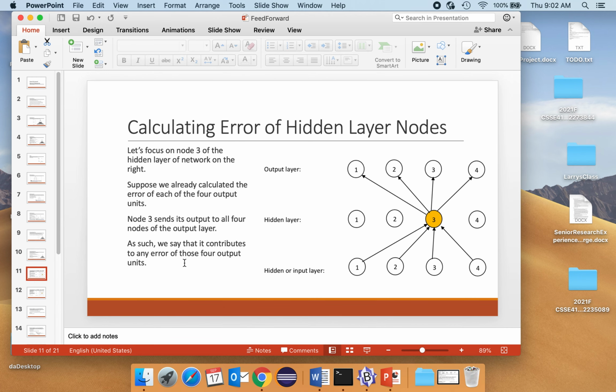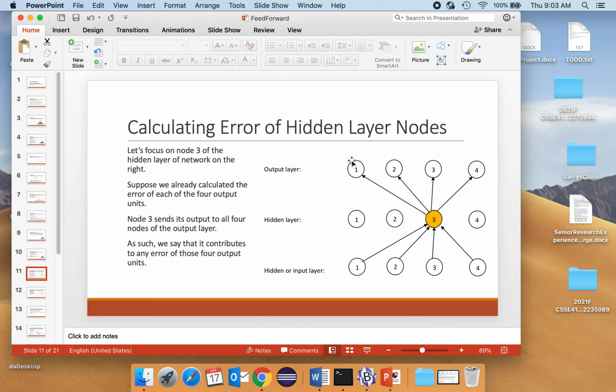So let's have a look at a neural network. We have the output layer, we have a hidden layer, and by the way, we're going to go backwards here. Output, hidden, and then in the prior example this was the input layer, but it could be another hidden layer. It doesn't matter. Suppose we want to determine the error of this shaded unit 3.